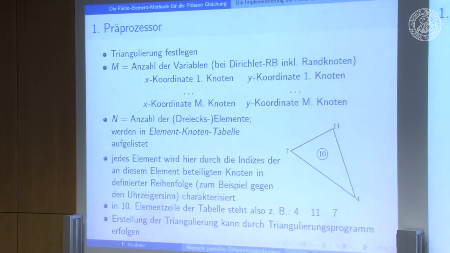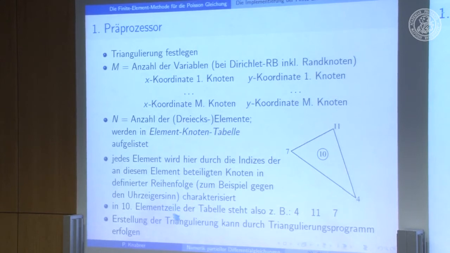So for example, if we define in this array the 10th row, that would describe the 10th triangle, and we say the 10th triangle is supposed to have the nodes 4, 11 and 7. Of course, this is not unique. It's also not important, but it's reasonable to use, for example, counterclockwise ordering here. This facilitates some of the following computations.